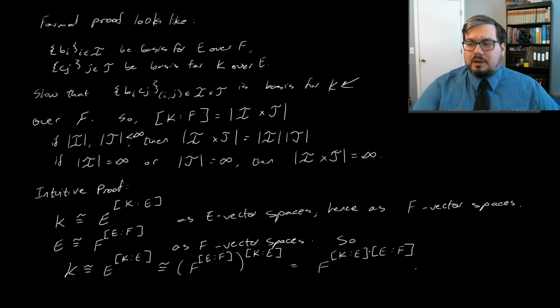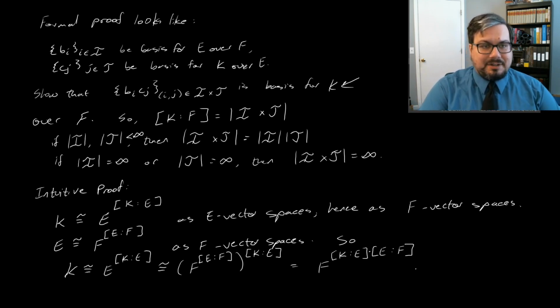All right, now what's going to go on here is that we can use this idea of measuring the degree of an extension by looking at the degrees of little sub-extensions to construct webs of subfields of a given extension.